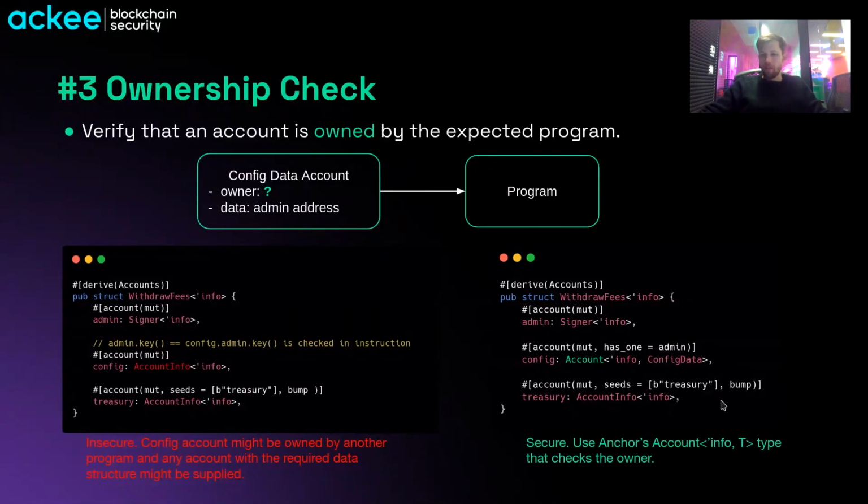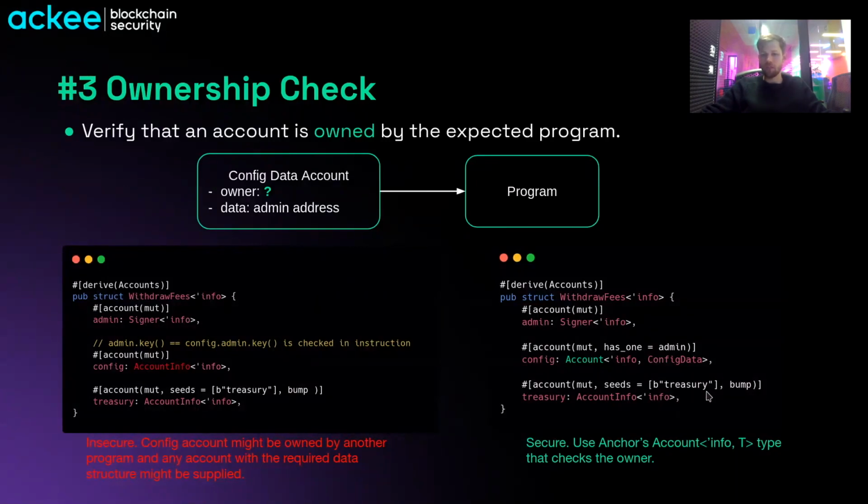And maybe another remark here. For the treasury account, we actually used account info, but besides the fact that this is not the data account, it is just an address that holds the funds. But here is also another owner check that is kind of intrinsic in the fact that the treasury account is on a PDA address. And if it is a PDA address, as you might already know, the PDA address is derived from some seeds.